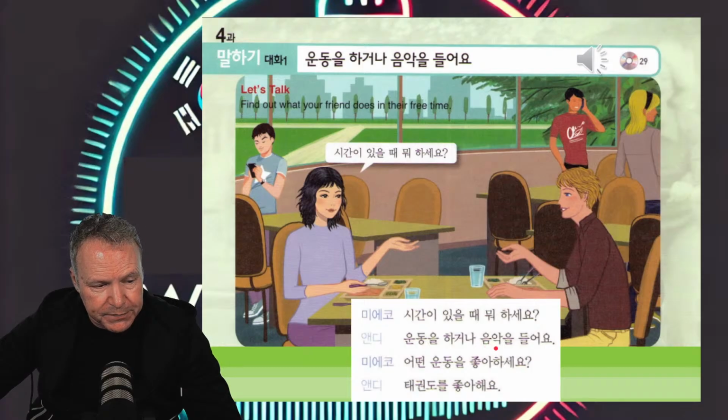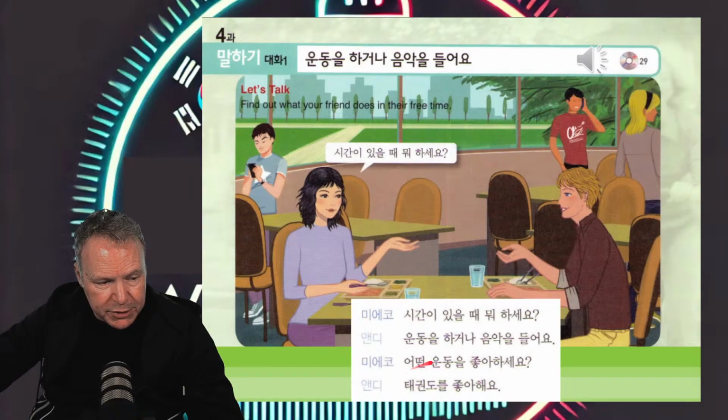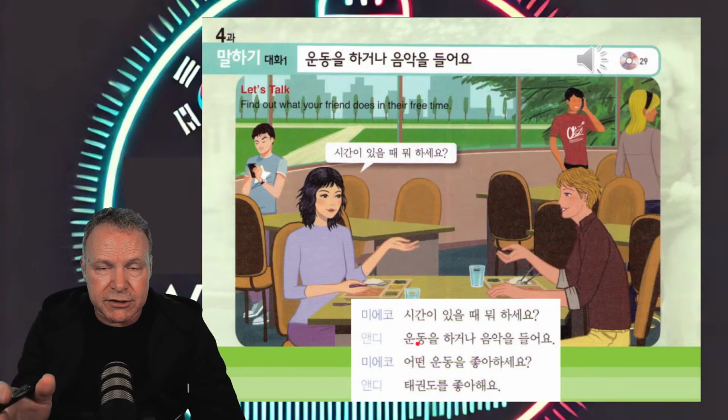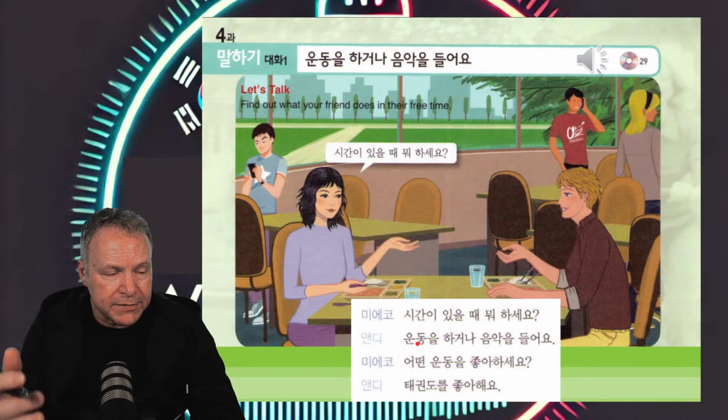음악 is music. 들다 is to listen. And then when you get down to Mieko, 어떤, which, like I've said before, it's always a great idea to really get solid on all of the question words. 어느, 어떤, 뭐, what, 언제, 누구, 누가.